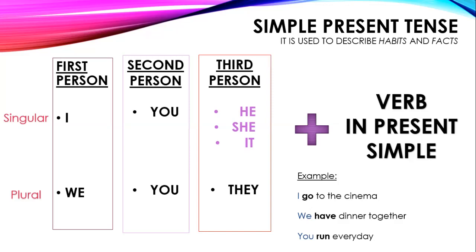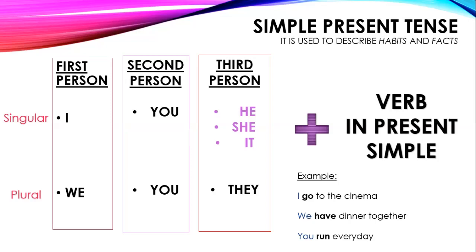You run every day. As you can see, at the beginning of the phrase, we have the person, okay? I, we, and you. Those are subjects. And then the verb in present simple. Go, have, run. So I go, we have, you run.